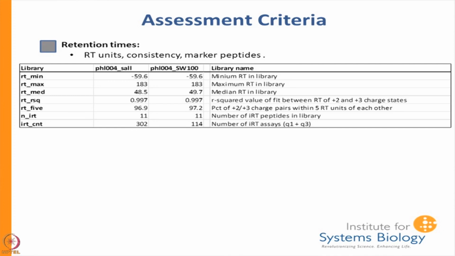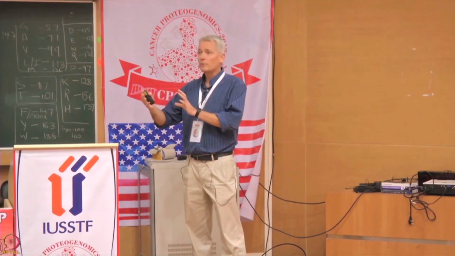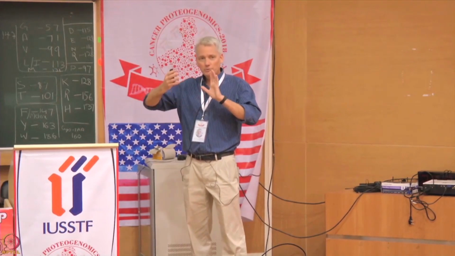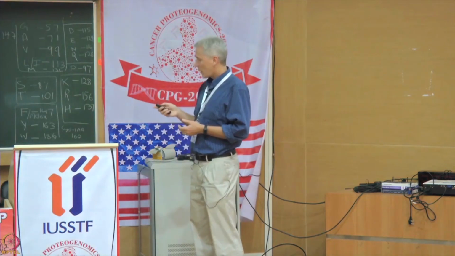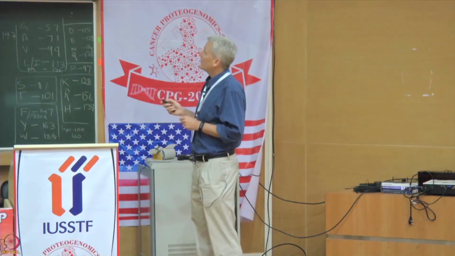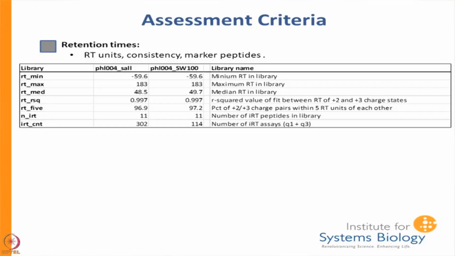So again, retention time is very important for analysis. So we're using something called iRT peptides. iRT peptides are peptides that you're meant to put in pretty much all of your runs, and they help you to register the retention times between the runs. And it just so happens, for some reason, that they go from negative to positive.